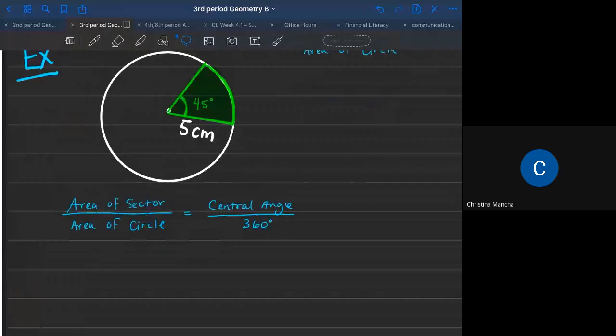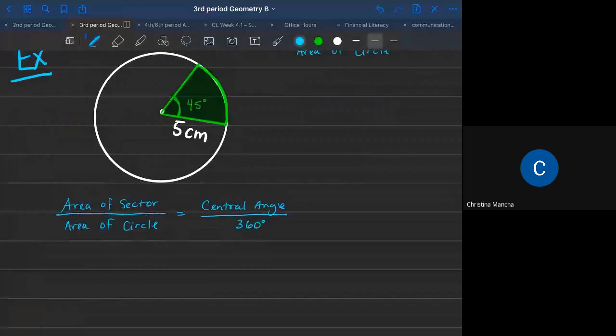Obviously, we know that the area of a circle is pi times radius squared. We know that the full circle is 360 degrees. Our central angle is 45 degrees. Okay. And so the area of the sector is what we're looking for.